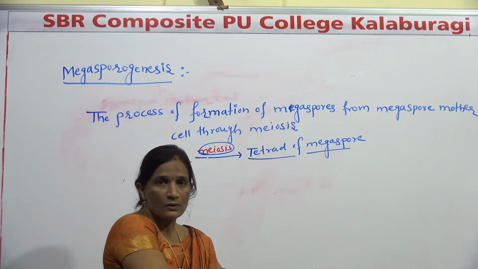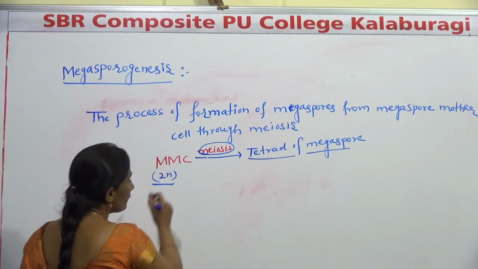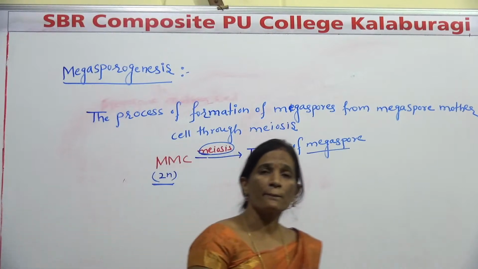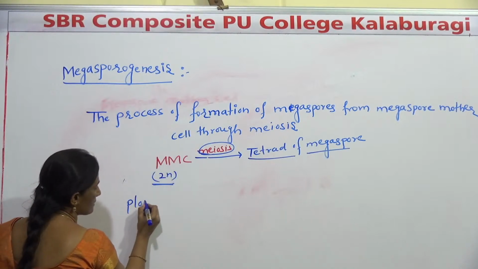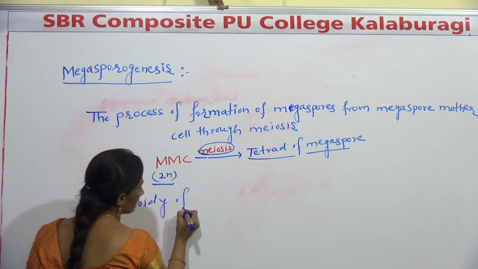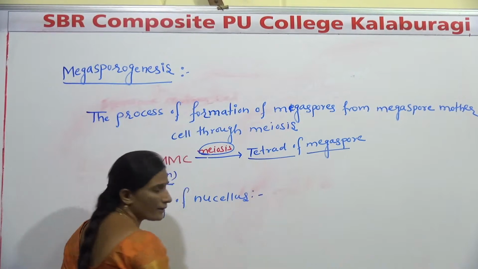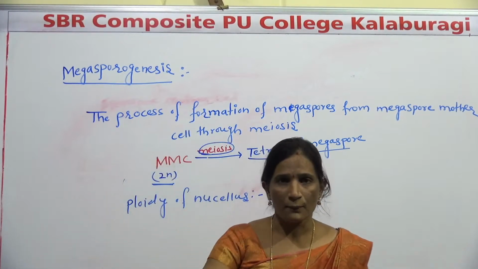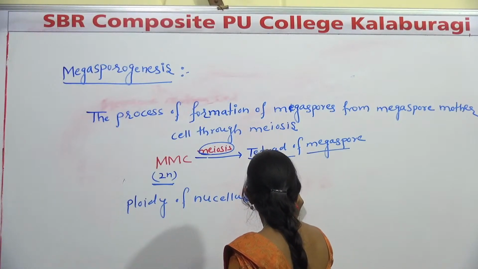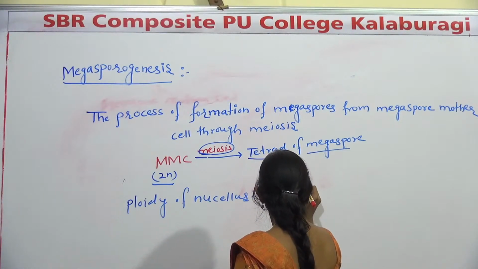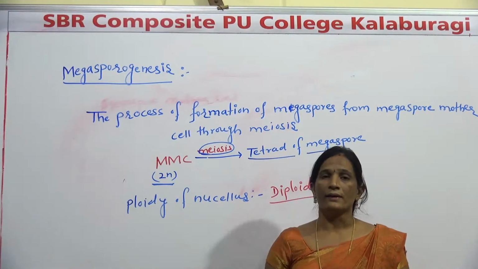Is it clear? So what is the ploidy of the MMC? It is 2n. Then what is the ploidy of the nucellus? The ploidy of the nucellus is also diploid.